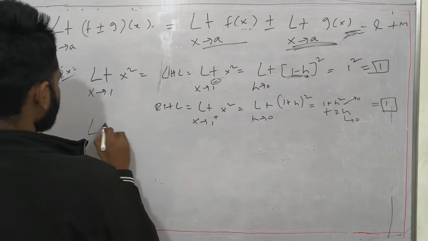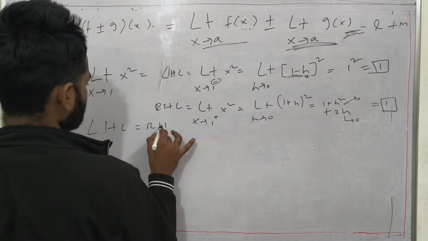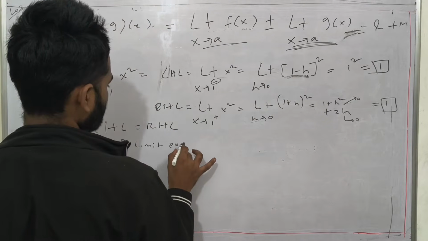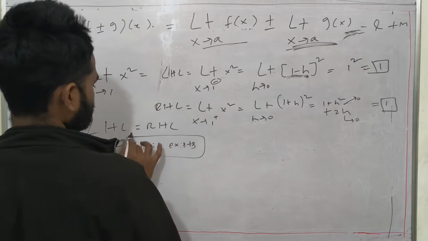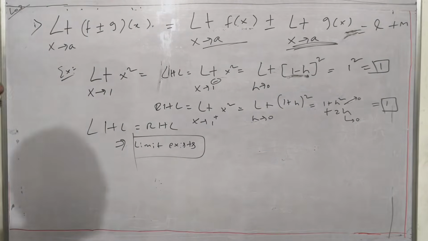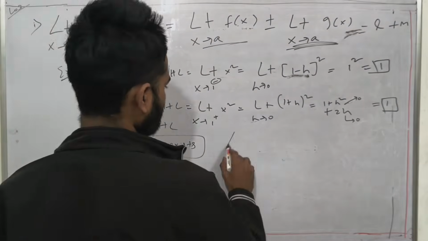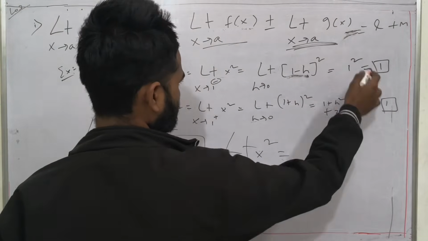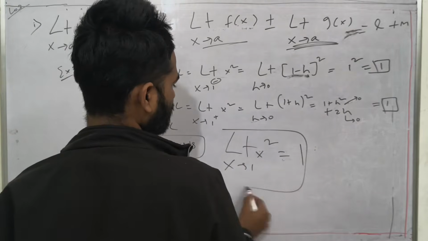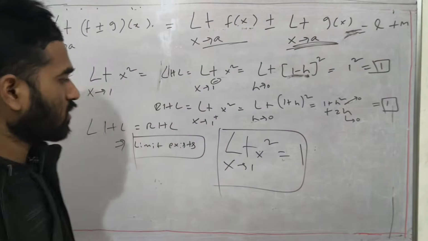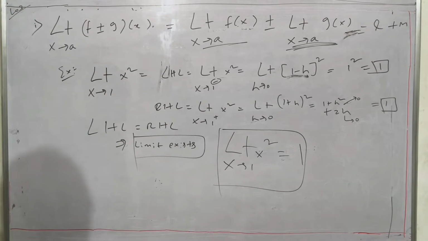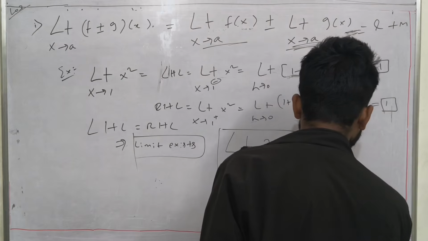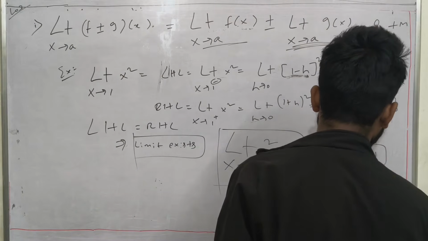Since left hand limit equals right hand limit, the limit exists, and the limiting value is 1. So l equals 1. Remember.